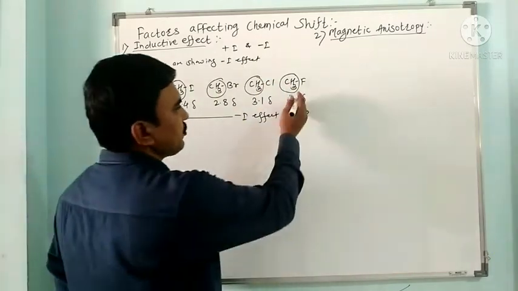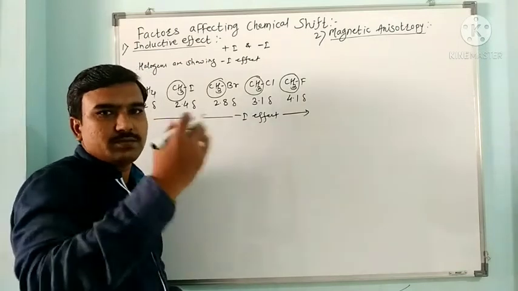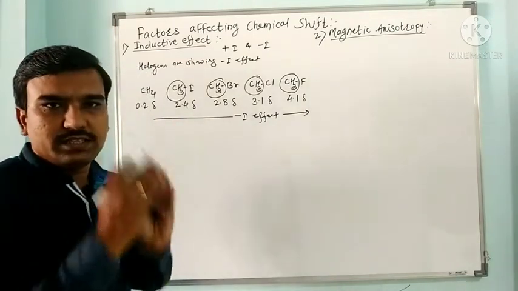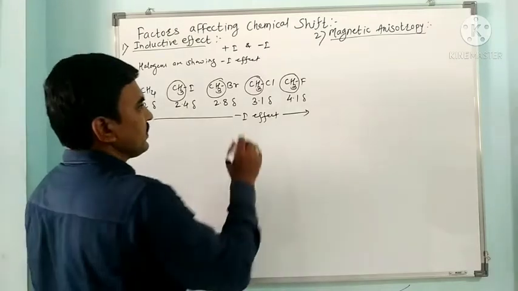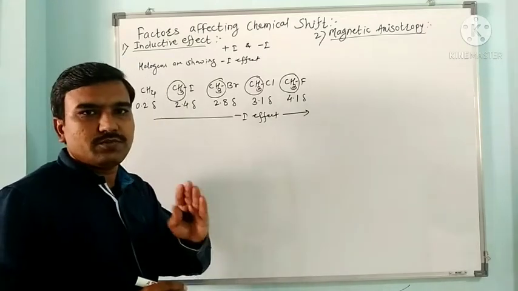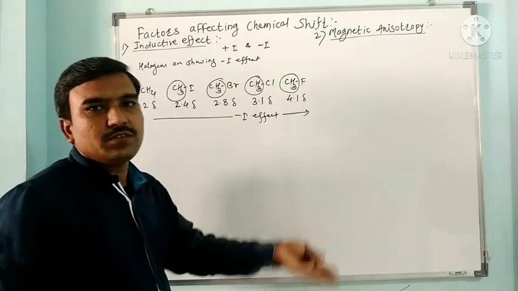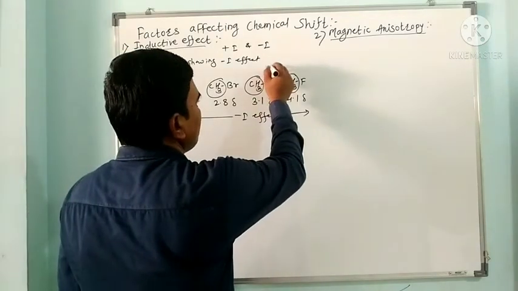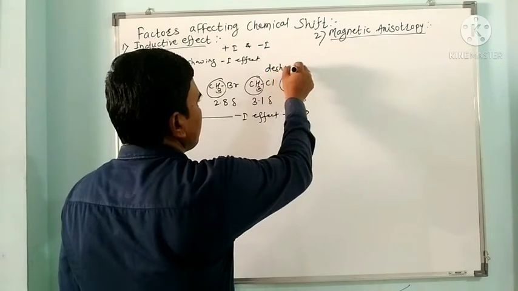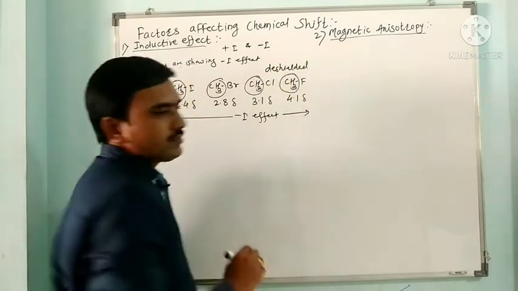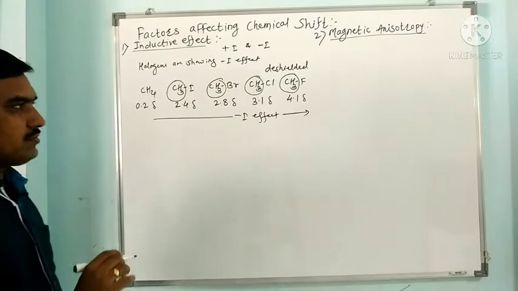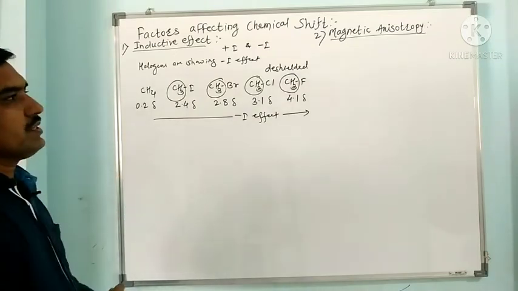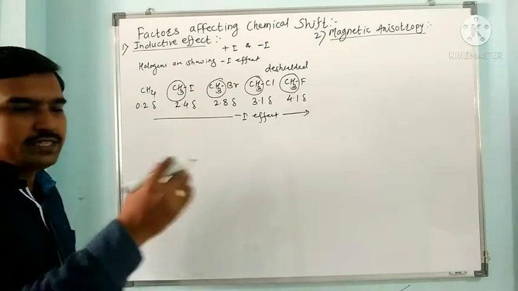The deshielded protons will have higher chemical shift because they give signal away from the TMS, in the downfield region. Always remember, deshielded protons will have higher chemical shift, while shielded protons will have lower chemical shift. So the minus I effect increases the chemical shift, or increases the deshielding.